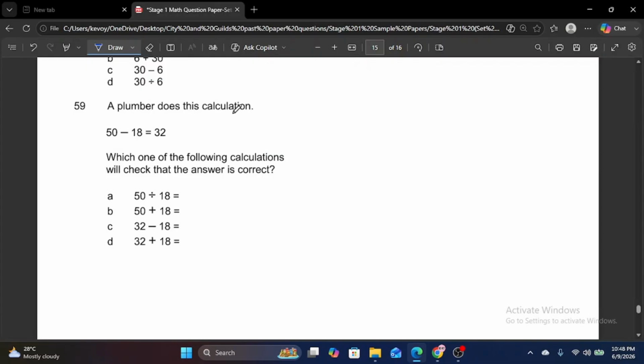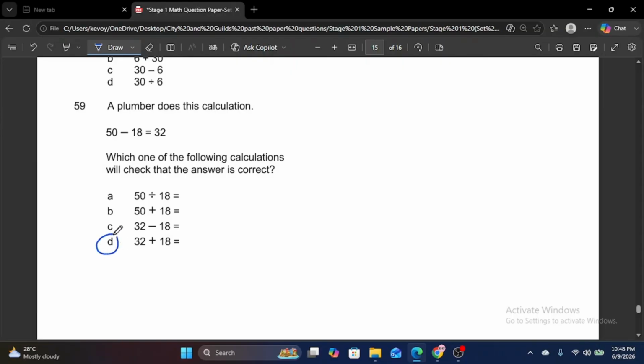59. A plumber does this calculation. So 50 minus 18 equals 32. Which of the following calculations will check that the answer is correct? So to check that the answer is correct, what he can do is add.